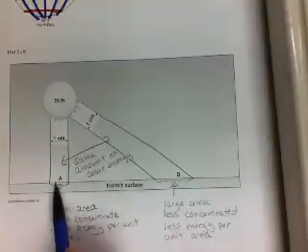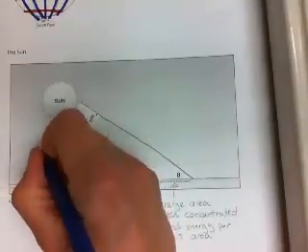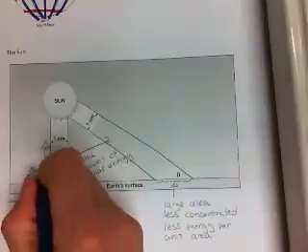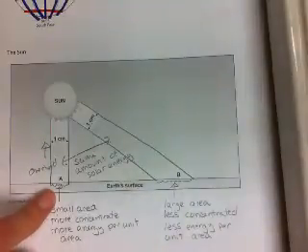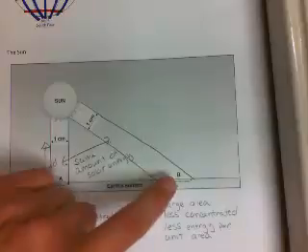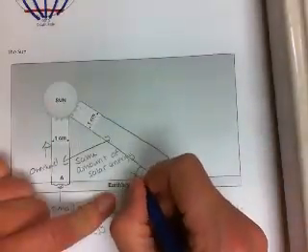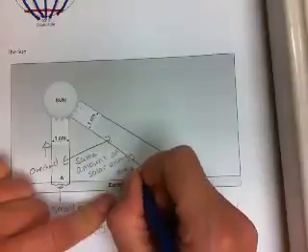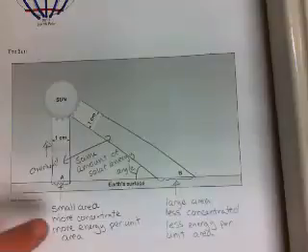Now because at this area here where the sun is directly overhead, it's more concentrated, and here in B where it's at an angle, it's less concentrated. Which one do you think will heat up faster, A or B?